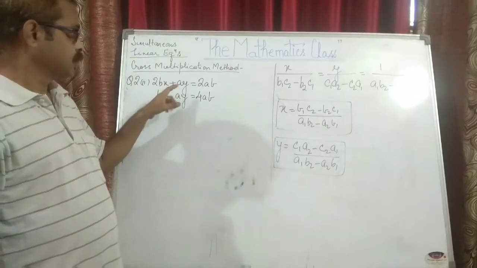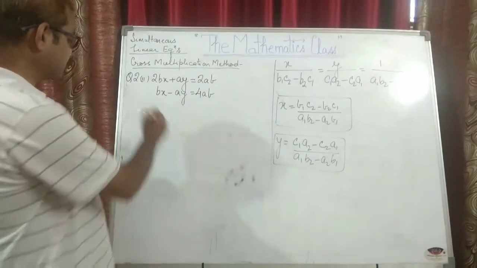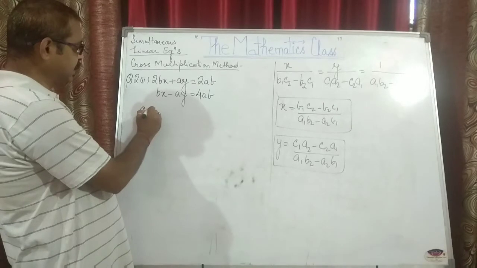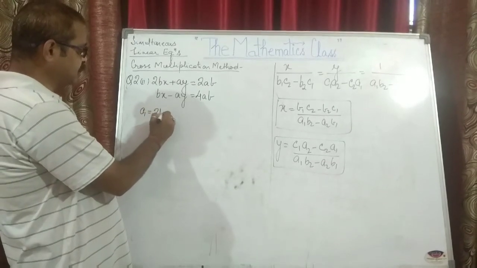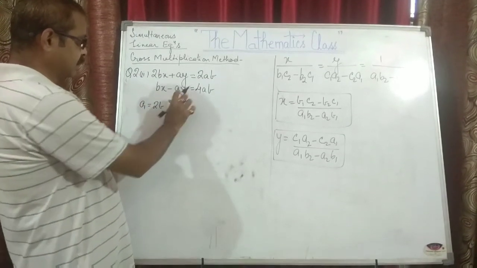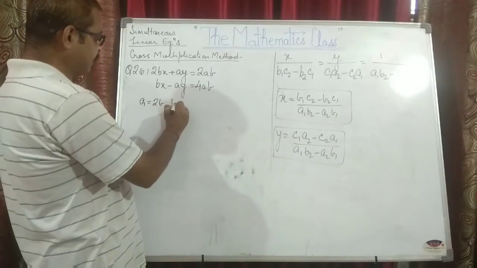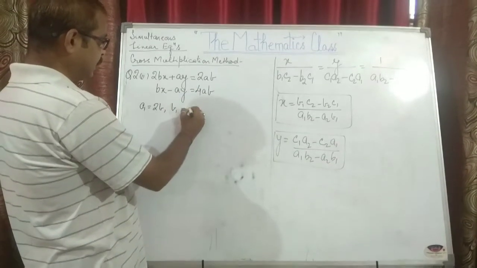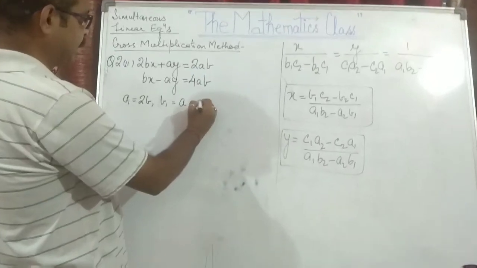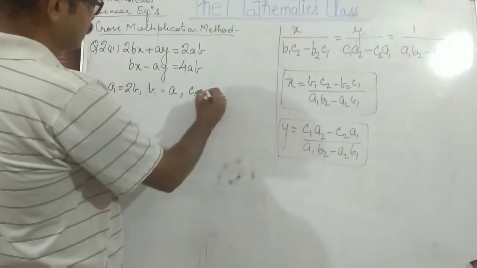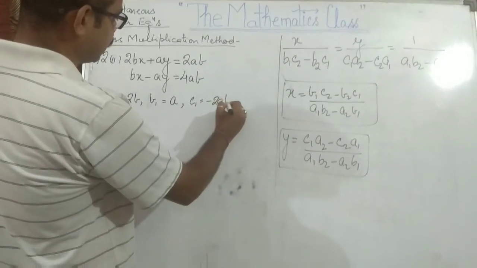Now in this you have to compare. So you can make out a1 is 2b, b1 is a, and c1 is minus 2ab.